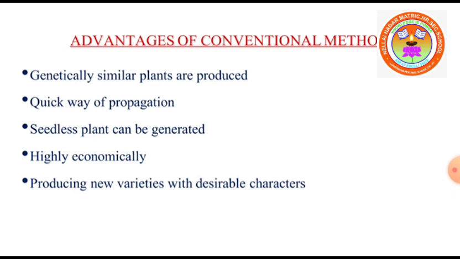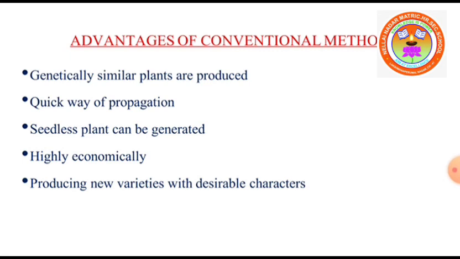Plants can be propagated more economically by vegetative propagation. Example, Solanum tuberosum. Two different plants with desirable characters such as disease resistance and higher yield can be grafted so that a new plant with the same desirable characters can be obtained.